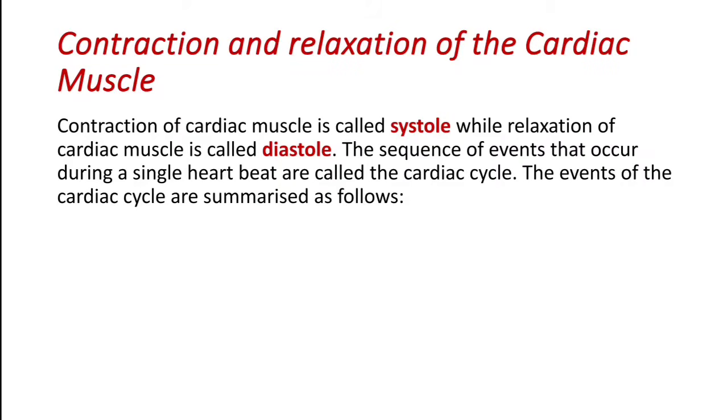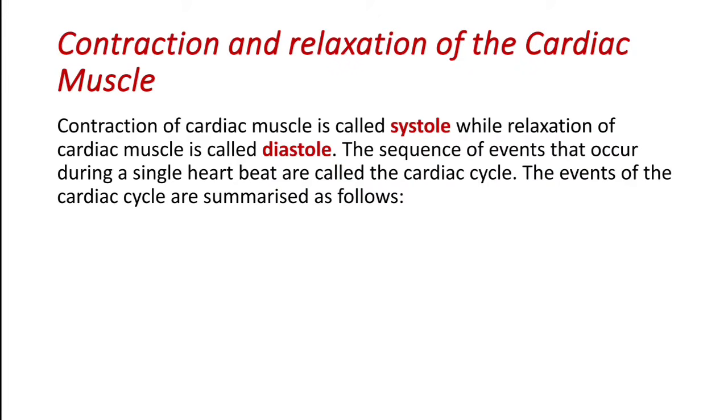Otherwise, contraction of the cardiac muscle is known as systole, while relaxation is known as diastole. Now, the sequence of events that occur during a single heartbeat is called the cardiac cycle. There are some events that occur during a single heartbeat, and that cycle is known as the cardiac cycle.